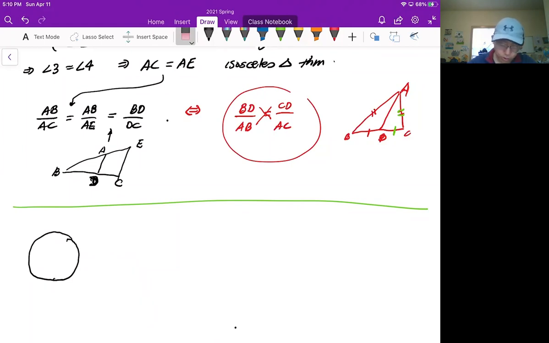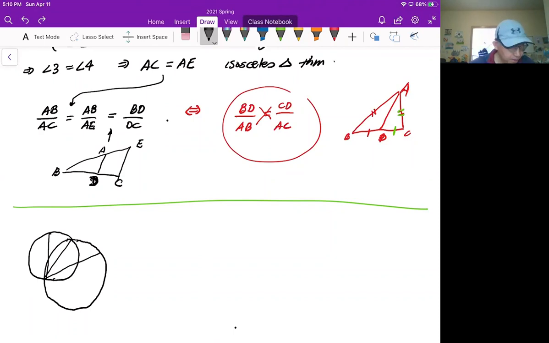It's not easy to draw the picture. The picture is hard to draw. All right, so let me do it this way. You have two circles intersecting with each other.